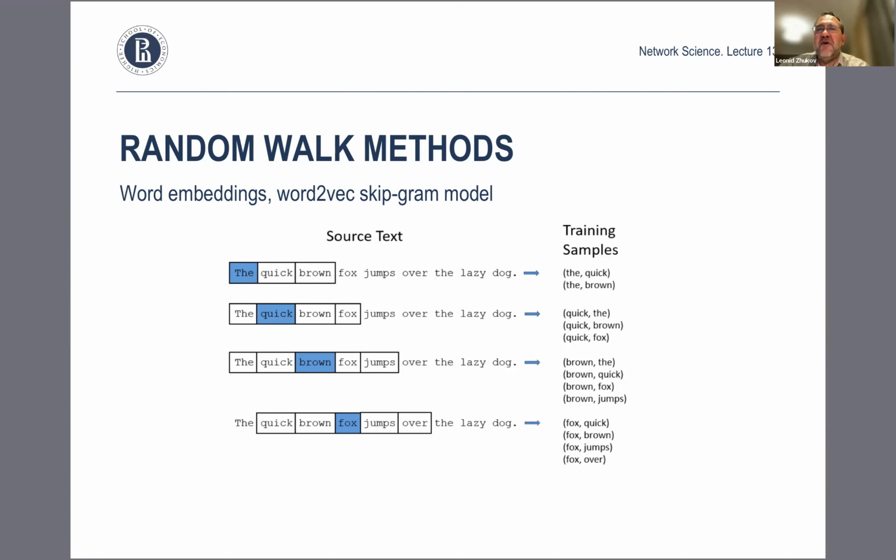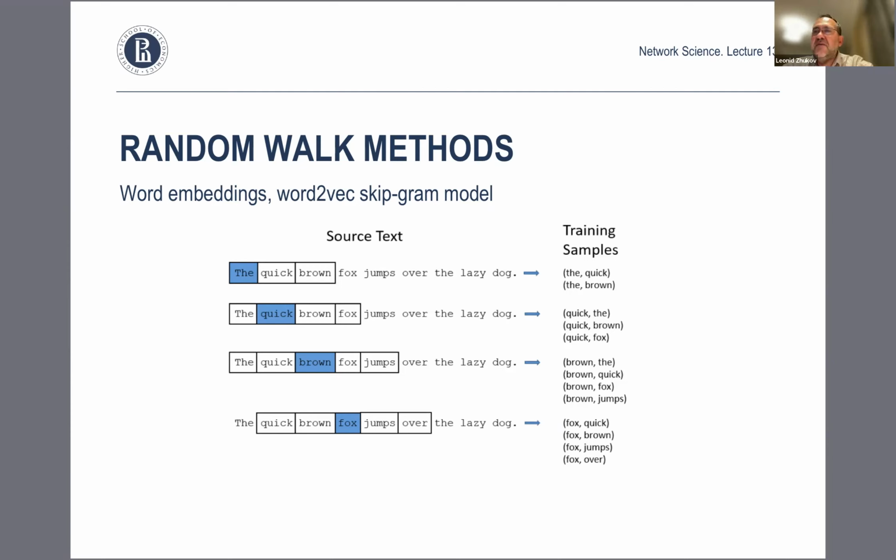We'll start from a very famous algorithm today, called word2vec, the algorithm that allows us to find embeddings for words in language. The idea overall is similar to what we're trying to do with the graph, except this is done for language.